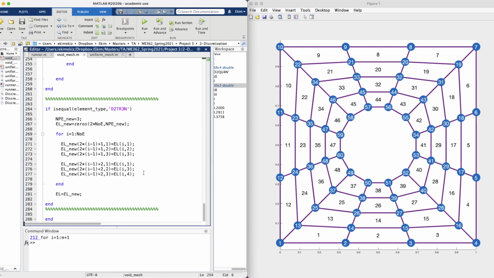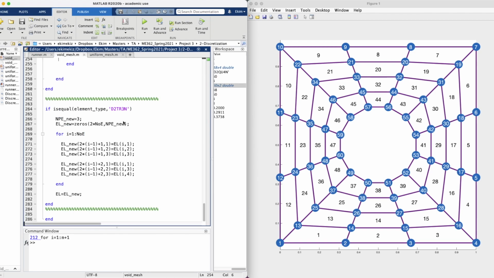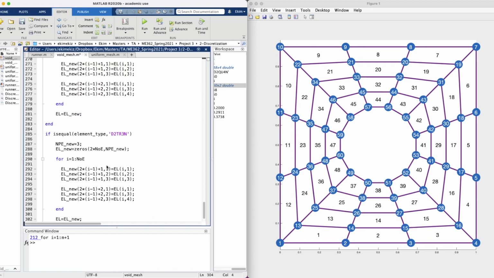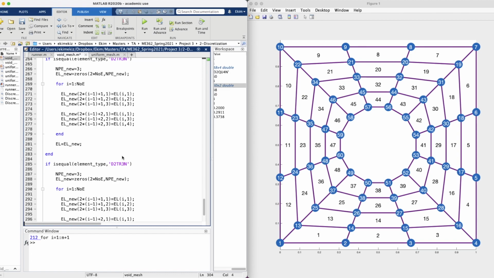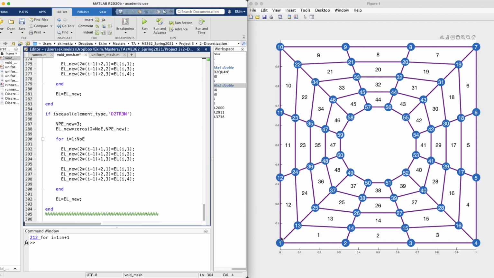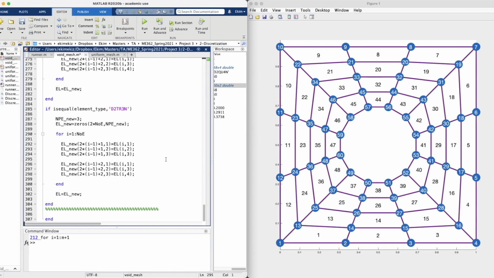So if we want to have triangular elements now, let me just copy this code as well so that we can compare them. And notice that they are exactly the same. We're just dividing every quadrilateral element into two, as we did before in the uniform mesh.